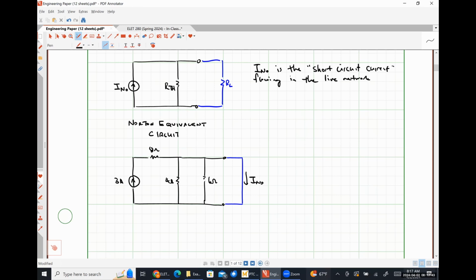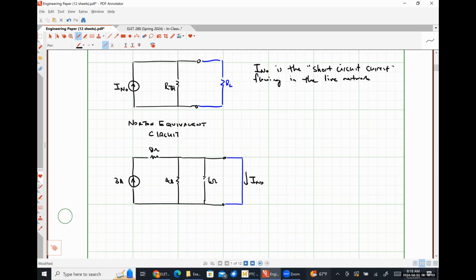So when things are in parallel, their voltages are the same. Okay, so let's go from that. What's the voltage drop across the short circuit? None of the voltage. A short circuit has 0 voltage drop across it.